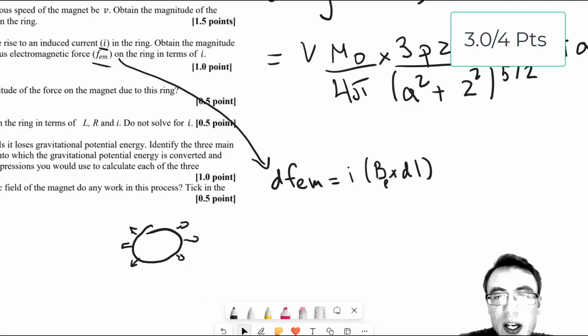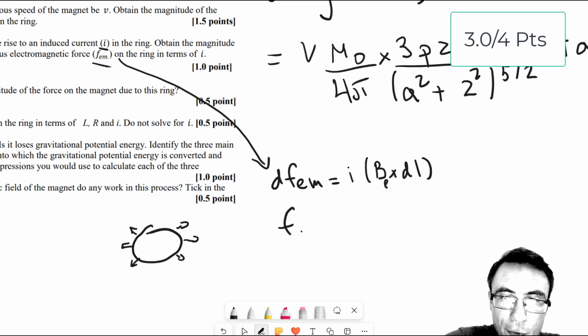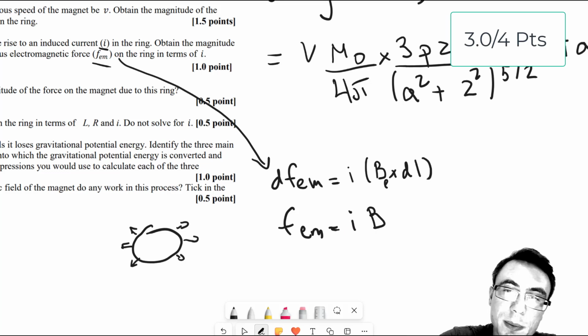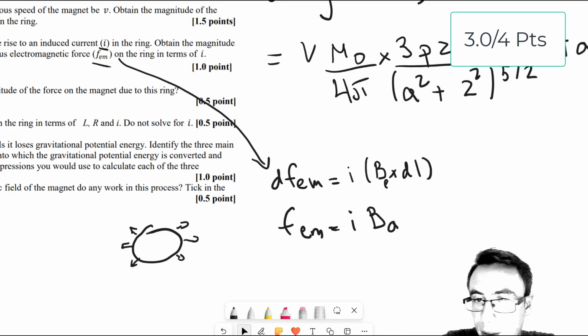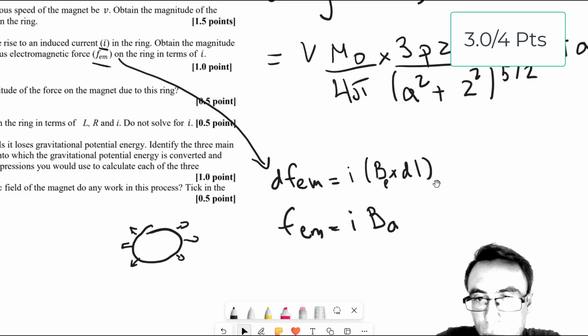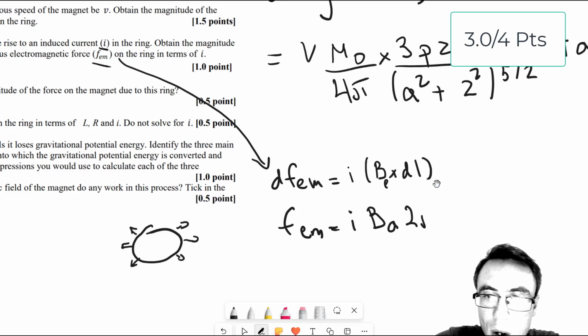So over an entire loop, this whole expression for the electromotive force will just be given by I, which is our current, multiplied by the radial component of the magnetic field, evaluated at the radius a, and then this dl component, once it's all added up, is just going to be the circumference of the loop, 2 pi a.